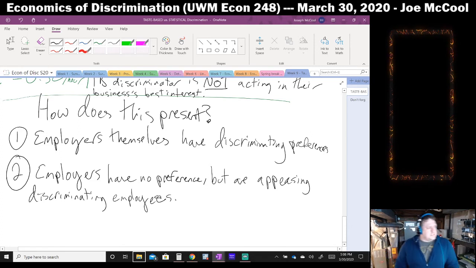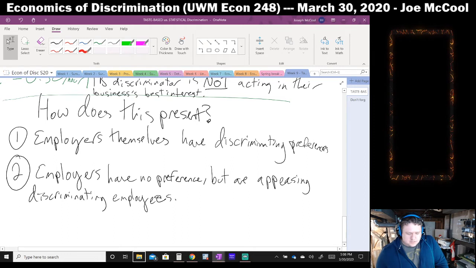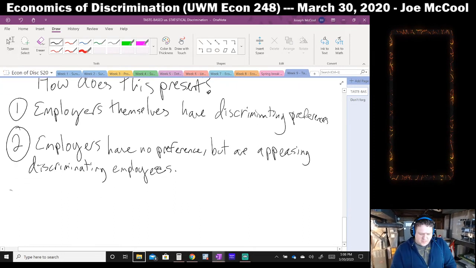Say that somebody opens up a shop in a very racist part of the world, and they are coming from a not racist part of the world. They may see that it is in their best interest to take on some discriminatory hiring practices in order to appease a racist workforce. So we'll look at what that looks like.